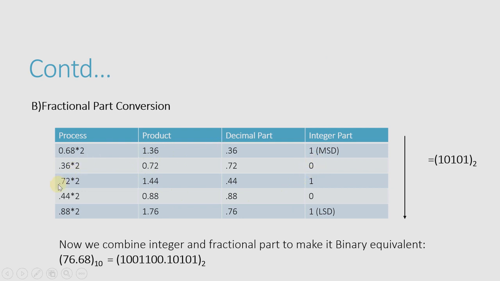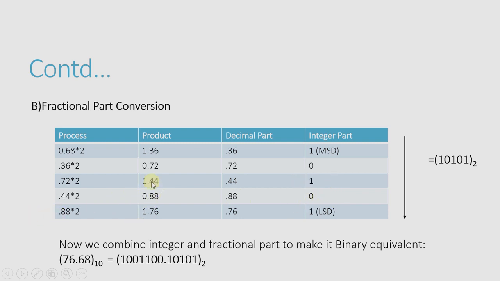Next we have 0.72 into 2, and we get the product 1.44, so the decimal becomes 0.44 and the integer part is 1. Again we have 0.44 into 2, so it becomes 0.88, and the decimal part is 0.88 and the integer becomes 0.